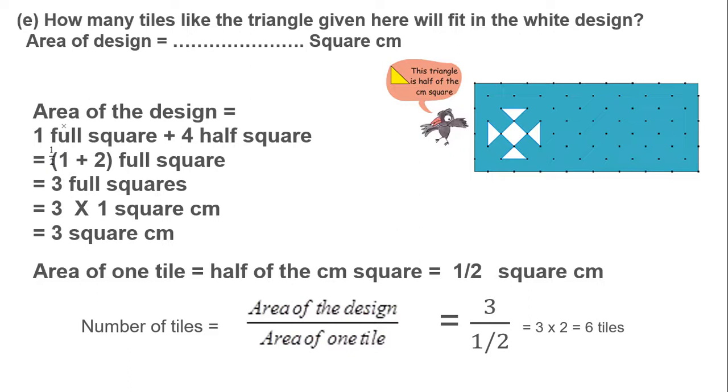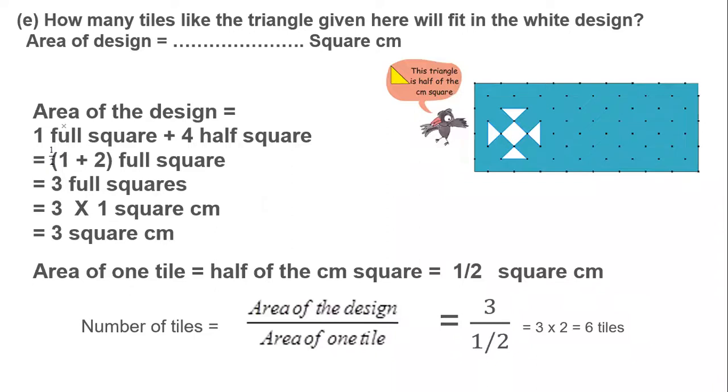What is the area of the design? See, the area of the design is 3 square centimeters. You got the answer. Up to this is okay. Are you convinced? Yes, sir.